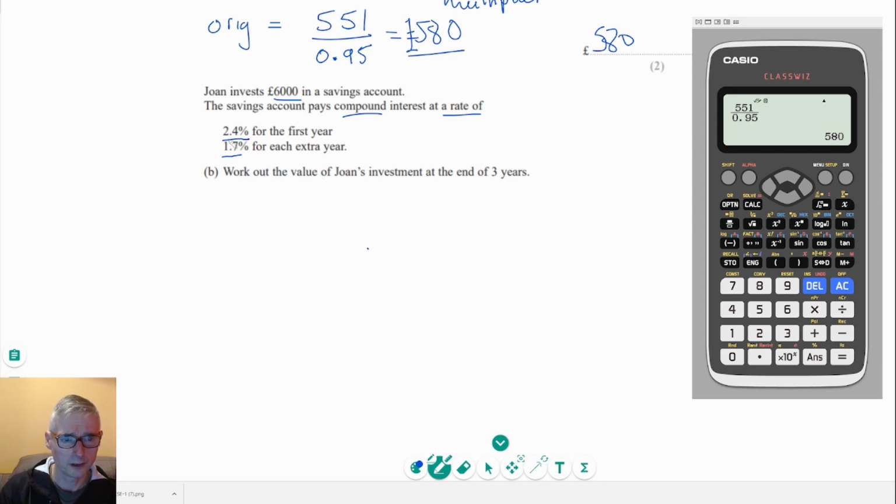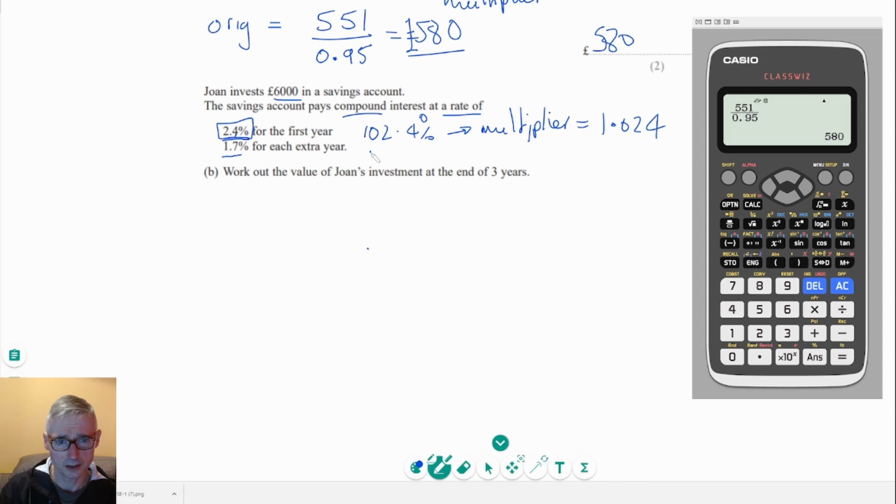If it's paying 2.4% for the first year, as a percentage we would add that on to 100% and we would get 102.4%, which gives us for the first year a multiplier equal to, moving the decimal point 2 places to the left, 1.024.